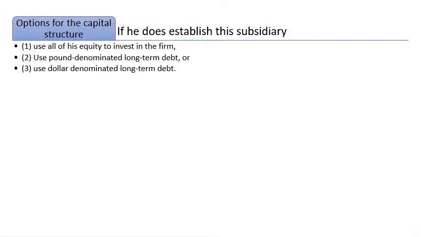Options for capital structure, if he does establish this subsidiary in the UK: the first option is to use all of his equity to invest in the firm. The second option is to use pound-denominated long-term debt, or the third option is to use dollar-denominated long-term debt.